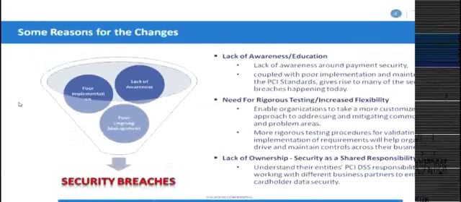This has been one of the aspects that could lead to a security breach, because an organization or service provider is not really aware of what is to be followed as part of the standard, or what the best practices are with regard to the usage of the card data.